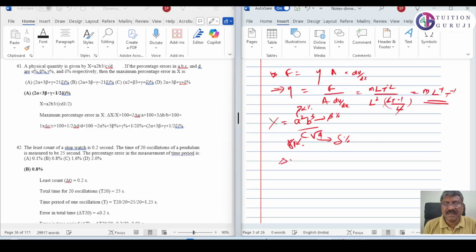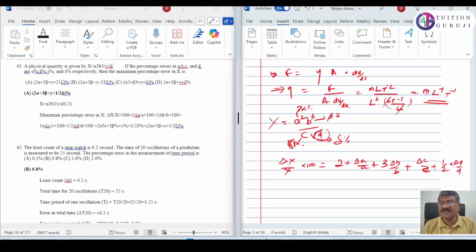So delta x by x into 100 is equal to 2 into delta A by A plus 3 into delta B by B plus delta C by C plus half into delta D by D.